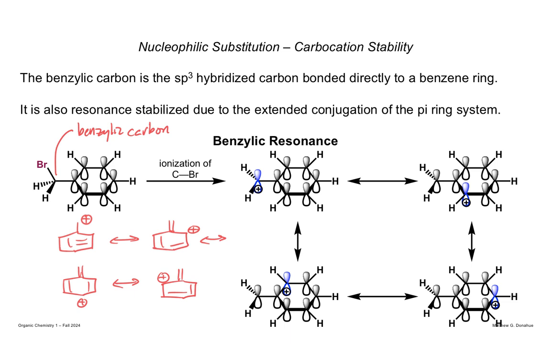Any questions on allylic or benzylic resonance? And so now the next slide is, again, probably conceptually the most abstract, but it does help explain the traditional order of tertiary greater than secondary greater than primary.